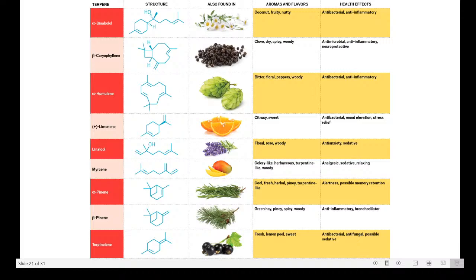Piperine is a major compound, and another is an alkaloid. Here is caryophyllene, a terpene present in cloves, with a spicy, woody character, and it has antimicrobial, anti-inflammatory and neuroprotective properties. The same plant has piperine. Piperine is a highly recommended anti-cancer compound.